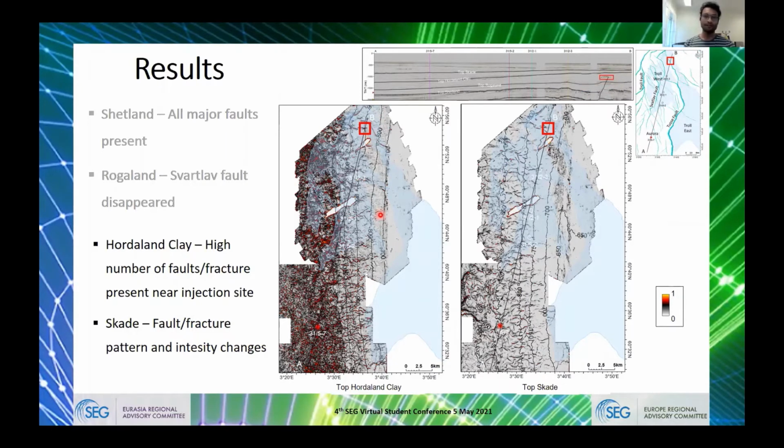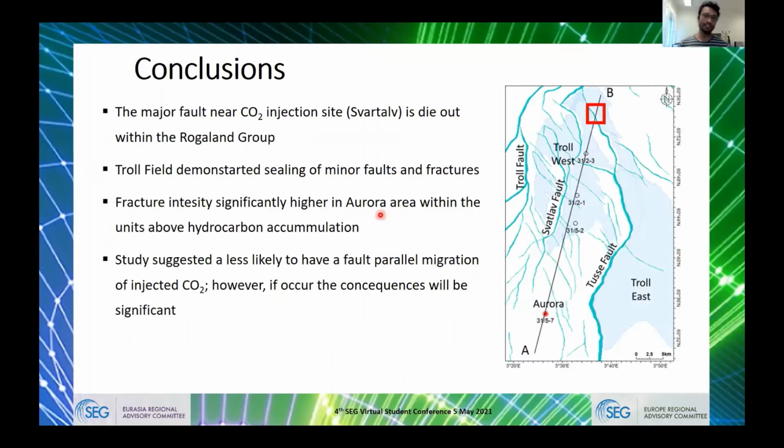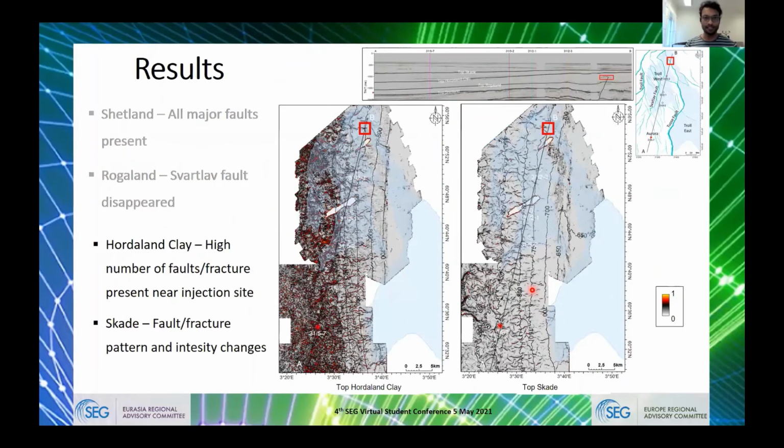Based on our observation, we suggest it's less likely to have fault parallel flow, because this Esvarta fault dies out in between the Rogaland and Shetland groups. However, if fault parallel flow happened here, the consequences would be significant, because of the significantly high faults and fractures in this area.